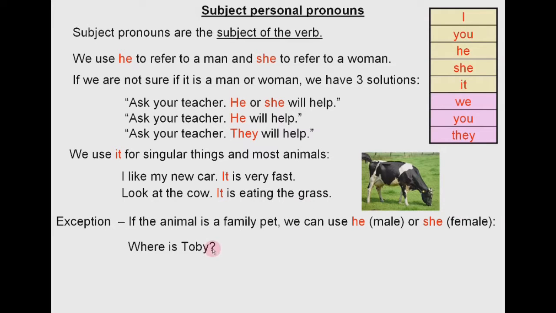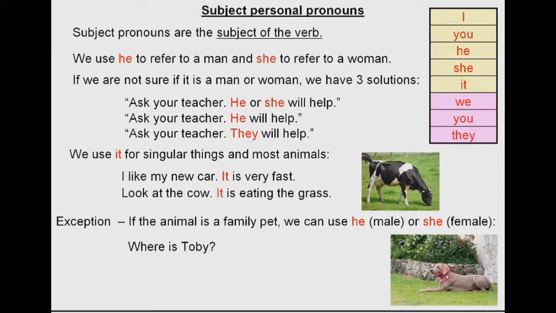Example, where is Toby? He is in the garden. Okay, because Toby, he is the family dog. So we say he. Exception number 2. In English, ships are female. Okay, it is one of the very few things or objects which has a gender.